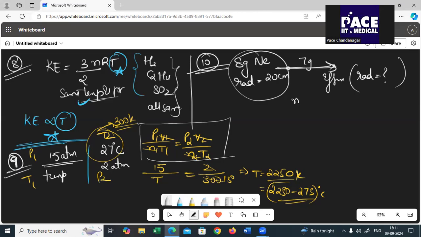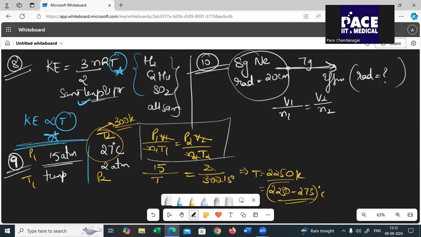So V1 by N1 is equal to V2 by N2, because some amount of gas is escaping out, so the number of molecules will be changing. So V1 by N1 is equal to V2 by N2.